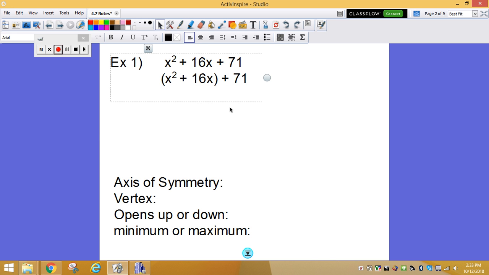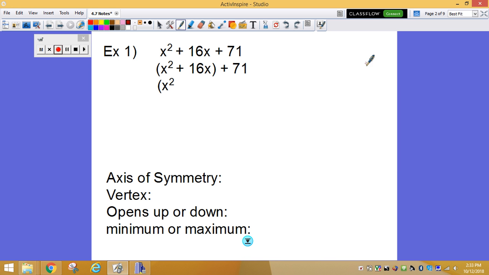Okay. Then I'm going to take my number that's right here. So I got 16. Divide it by 2. So 16 divided by 2 is 8. And then square it. 8 squared is 64.